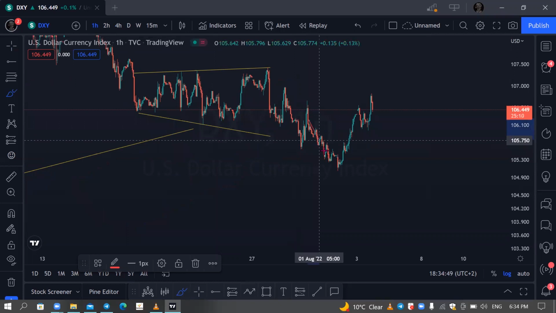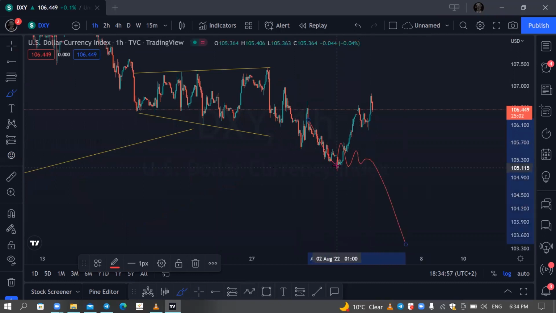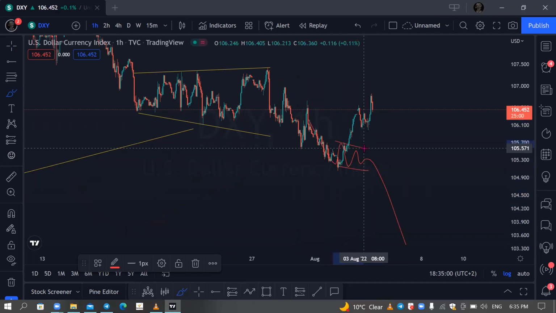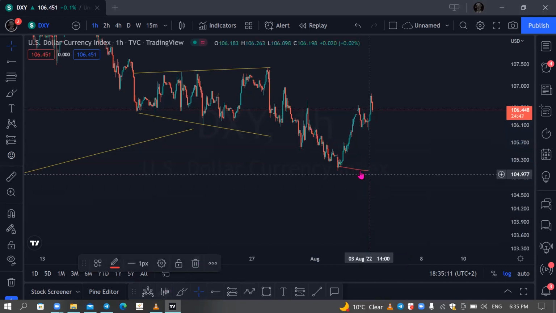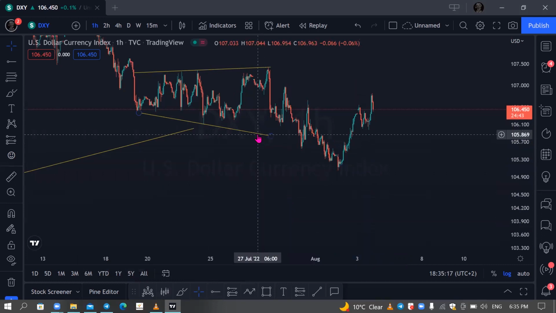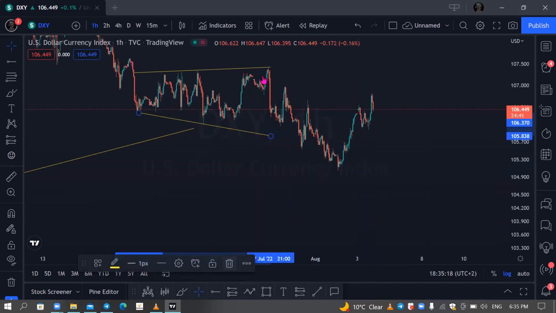When the market opened it went down, so I was expecting maybe some type of a correction, so that I know we are still continuing to the downside. Whatever I was looking at didn't happen. So for now I'll remove this structure because now the structure is invalid.